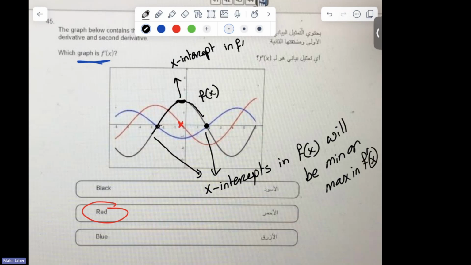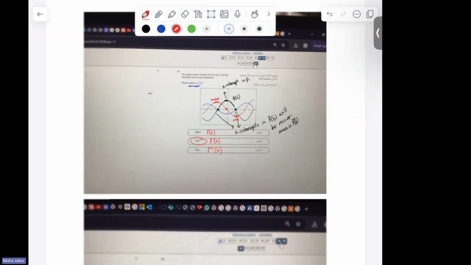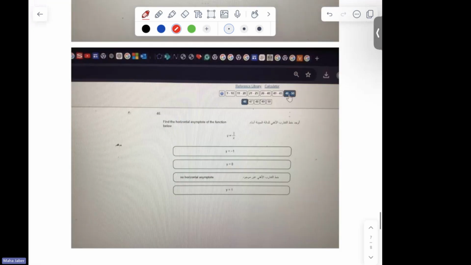Here x-intercept, I want you to see what's happening here. For red, this is here minimum. For red here, it's maximum. I will go that this is f of x, this is f prime x, and this is f double prime x. That was it. The questions, I think, no, we still have one more question.